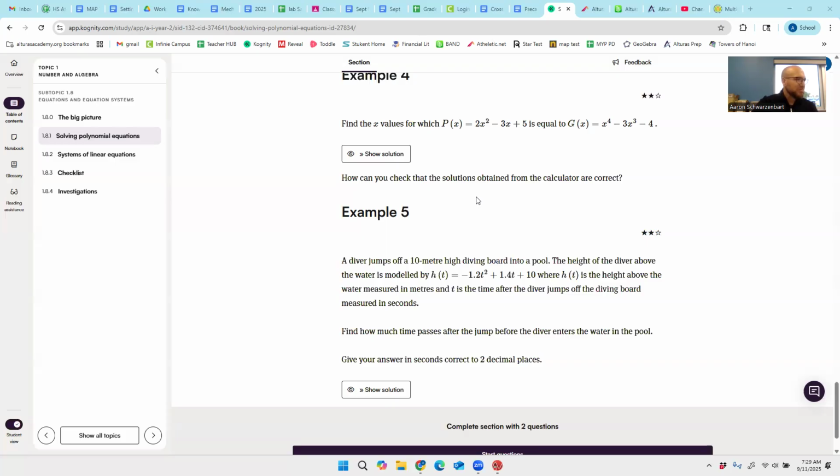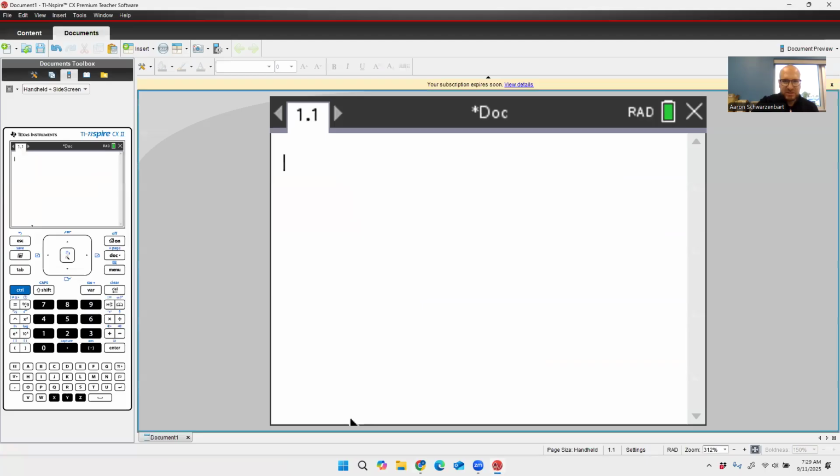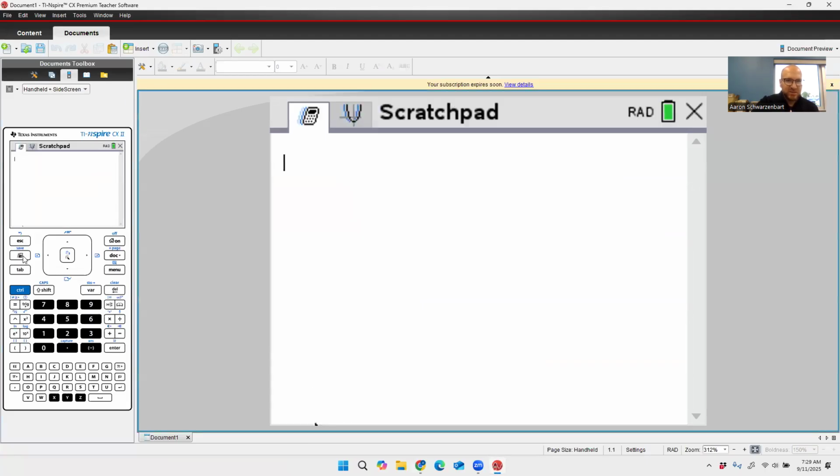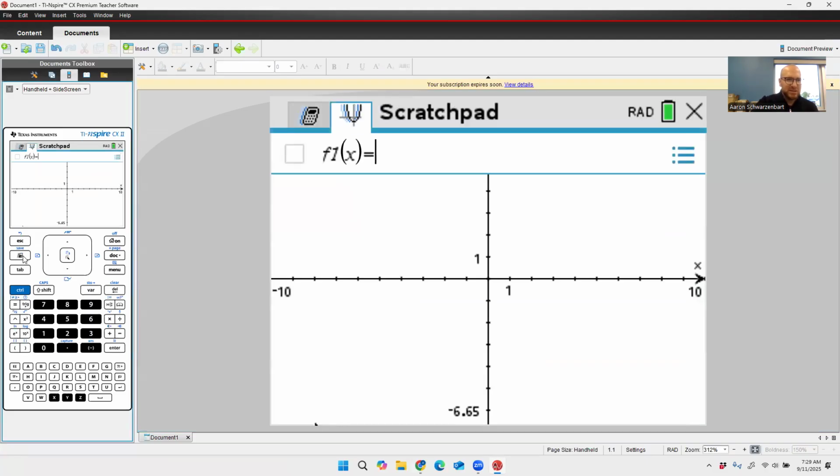And so pull it out. I'm going to graph the two functions. So I'm just going to go to the Scratchpad graph because it's good enough. And I just click the button with the save above it until I get to where I need to be. And I'm going to look this up.